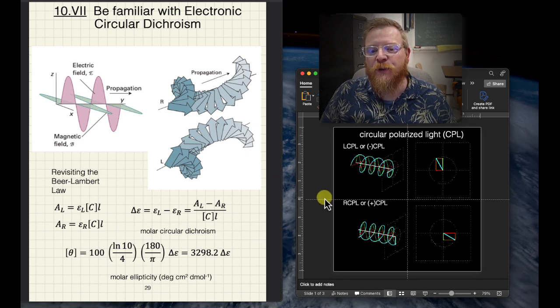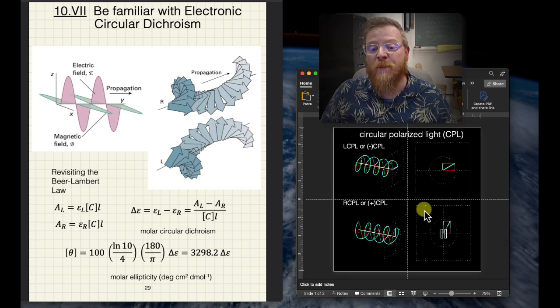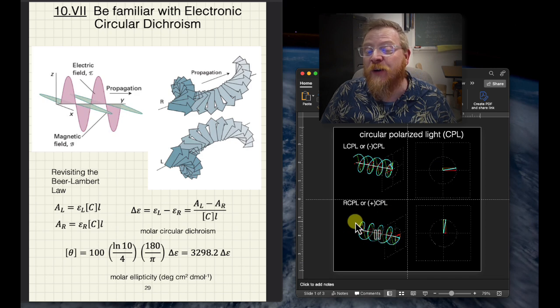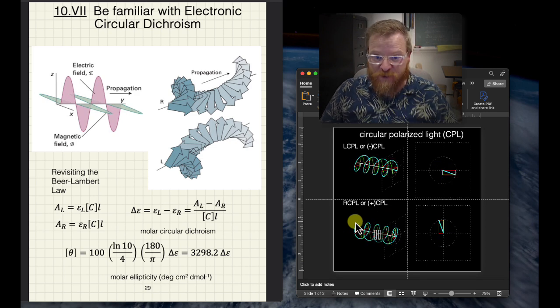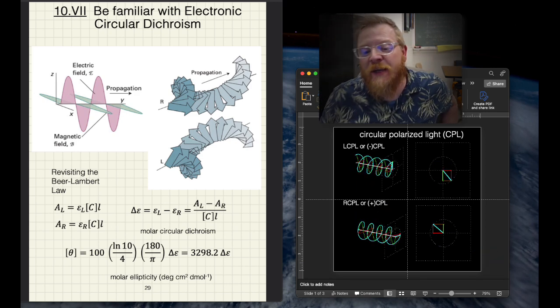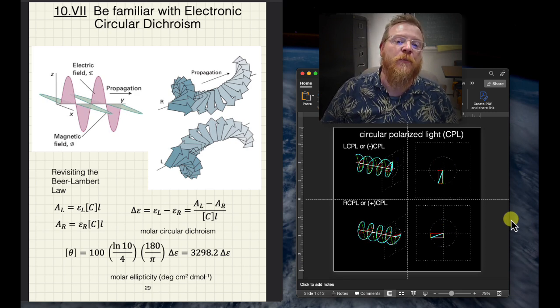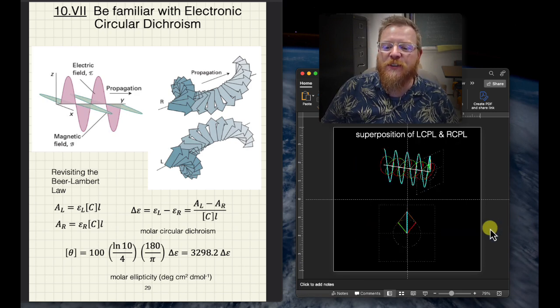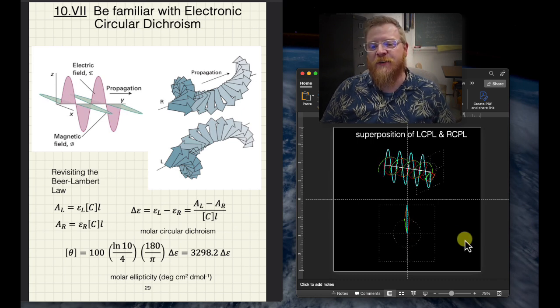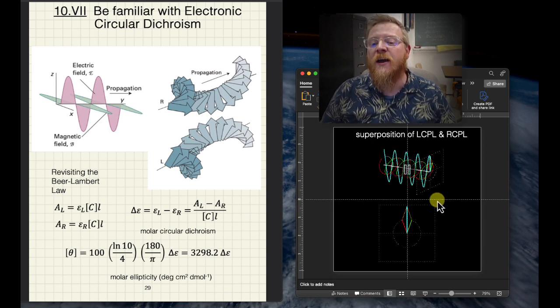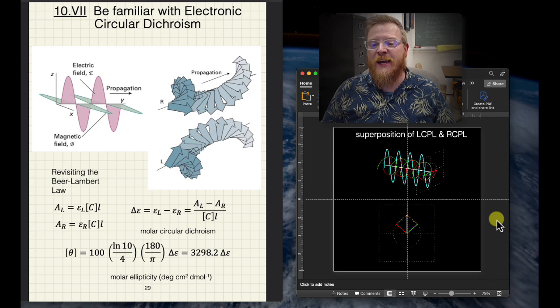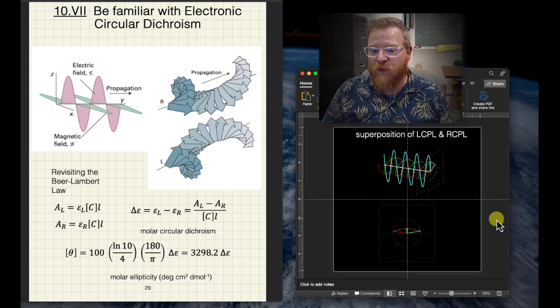So here the blue vector shows our overall component, where now we might have a 90 degrees phase shift in one beam of light relative to another, which creates circular polarization. This is most easy to understand if we consider the superposition of left circular polarized light and right circular polarized light.